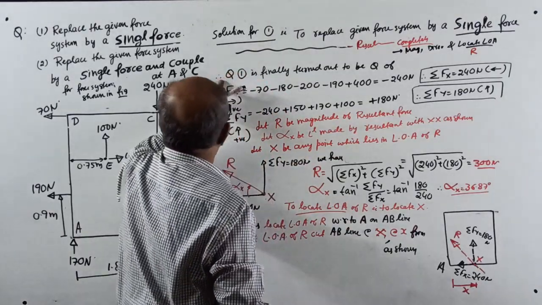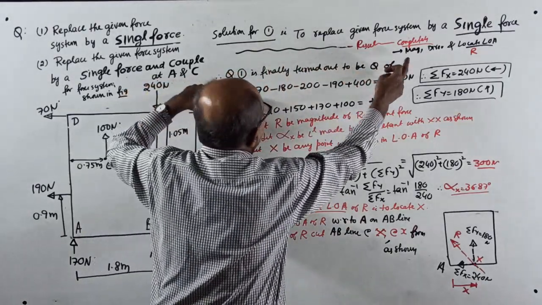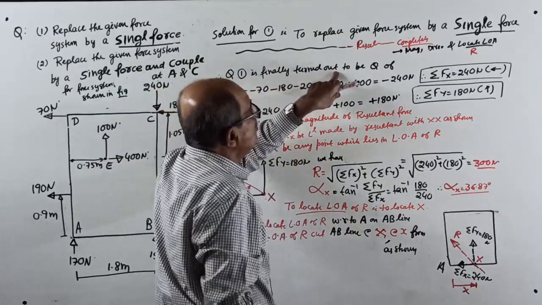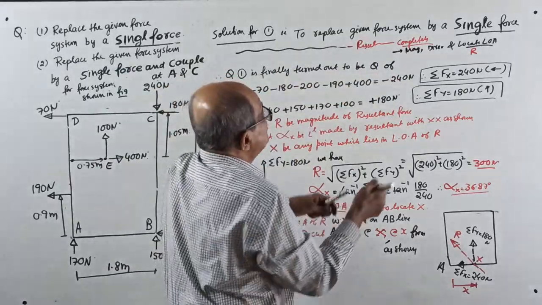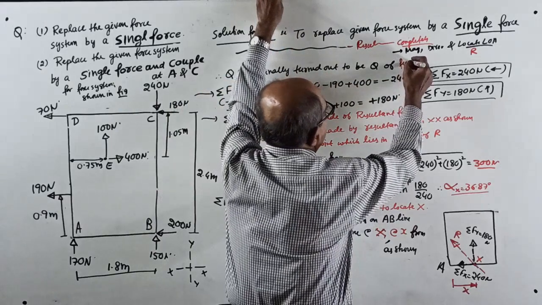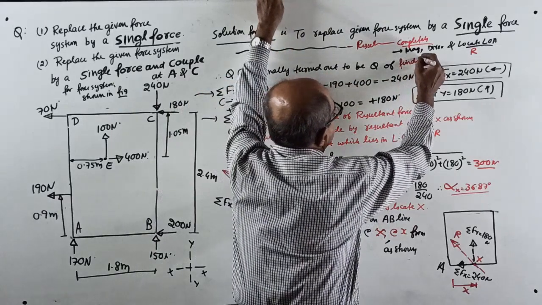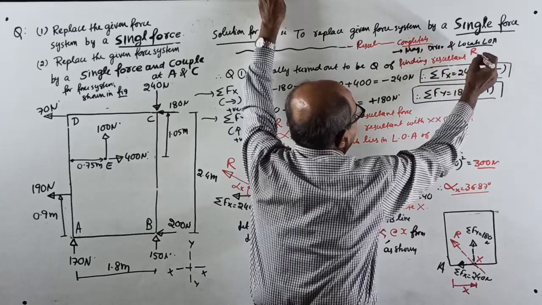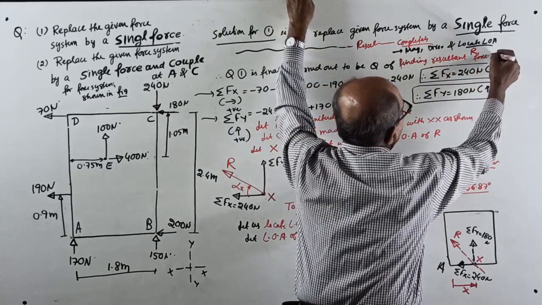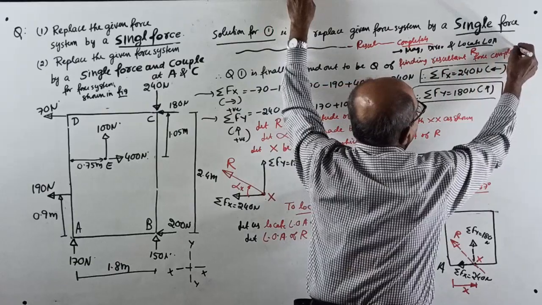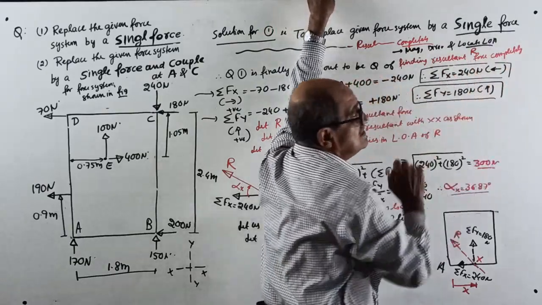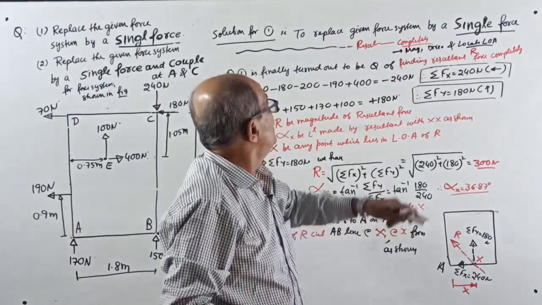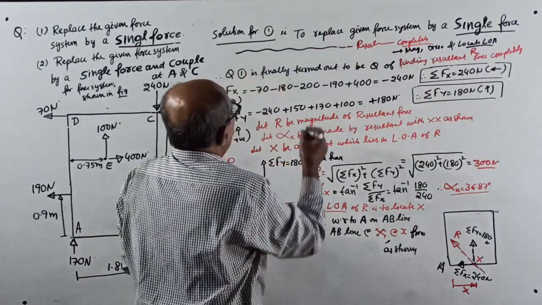Therefore, question 1 is finally turned out to be a question of finding resultant force completely. We have to locate the point. See, line of action to be located. They can't give a point. Over. Now write a note here.